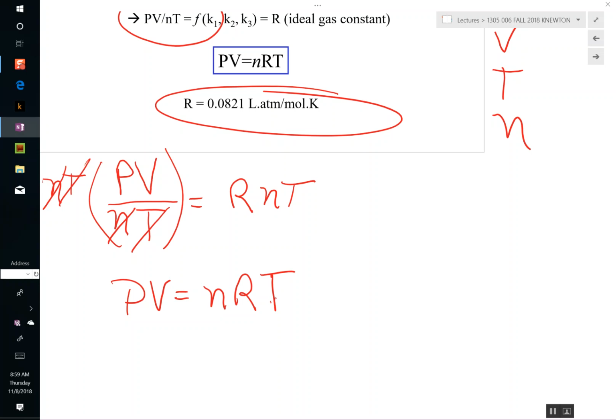This one isn't an initial, final. It's kind of like right now, I've got a gas. There's a certain amount, it's a certain volume, it's a certain pressure, it's at a certain temperature. Now I can calculate how many moles of it I have.